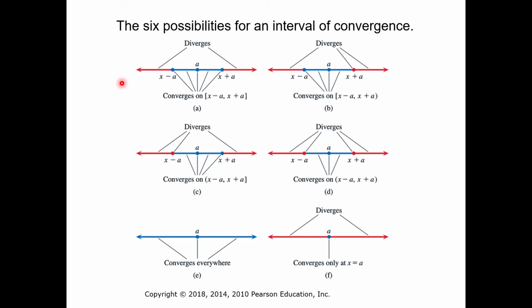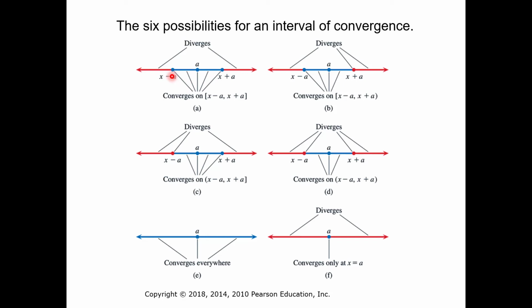Don't let this overwhelm you. 4 of these are almost the same. The top 4 are pretty much identical other than the endpoints. So the only difference between the first, second and third one is whether or not you can include the endpoints.